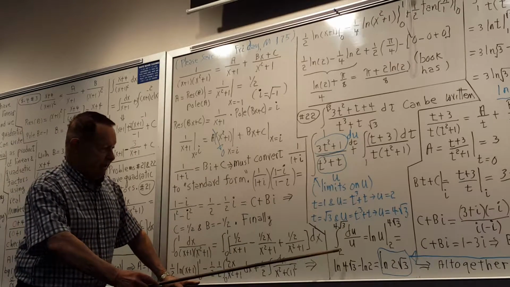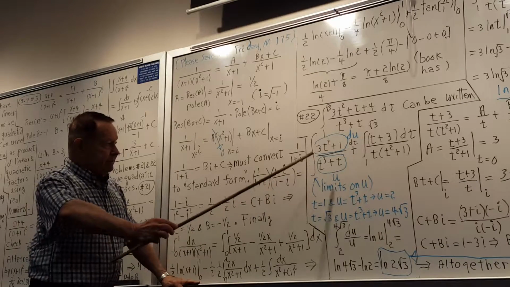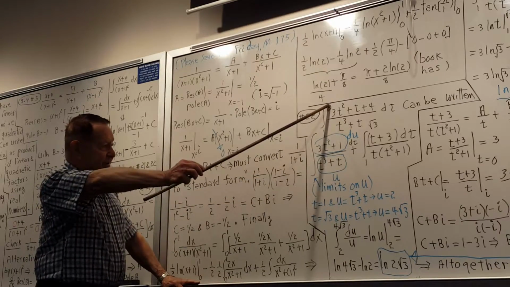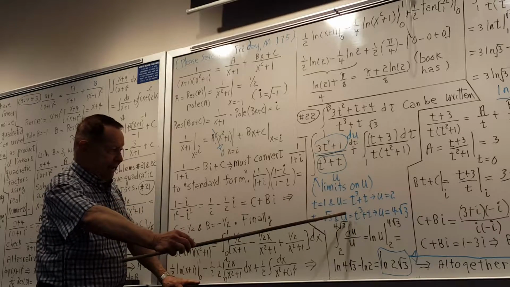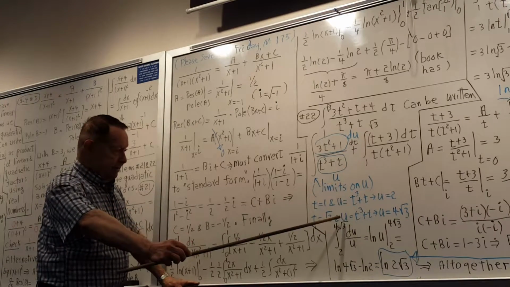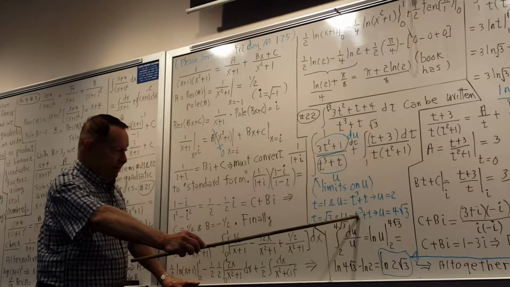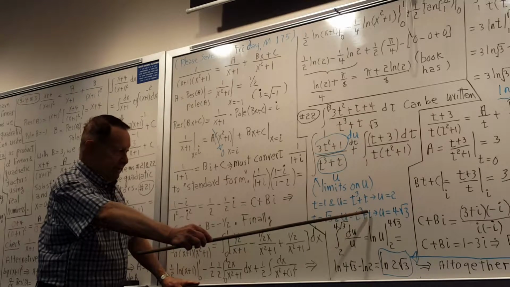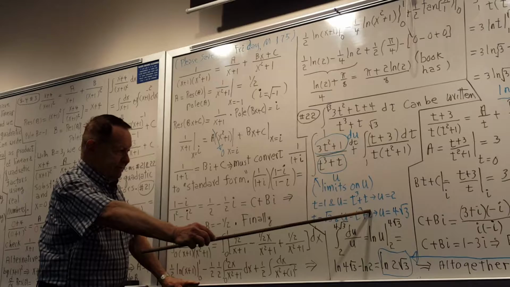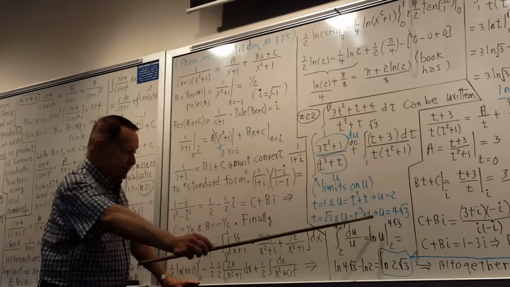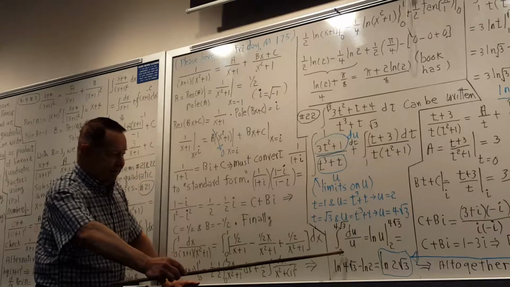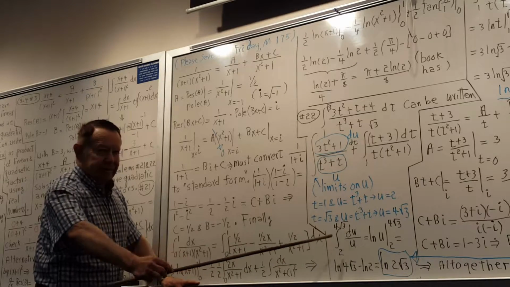And so I have that down here. And when t is square root 3, and this is the u, I have 3 times square root of 3 out of the cube, and then I have another square root of 3 there, so that's 4 of them. So my limits on u would be 2 to 4 root 3.